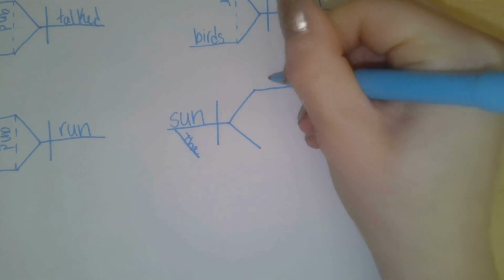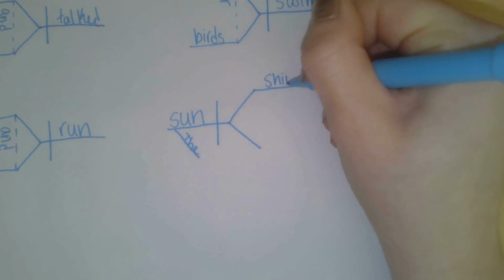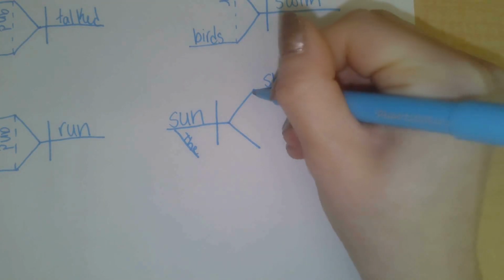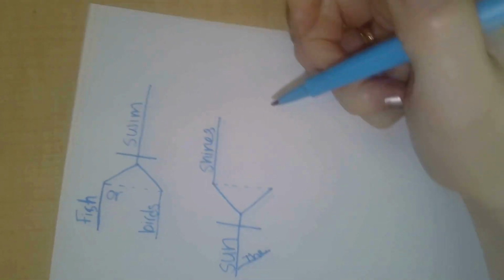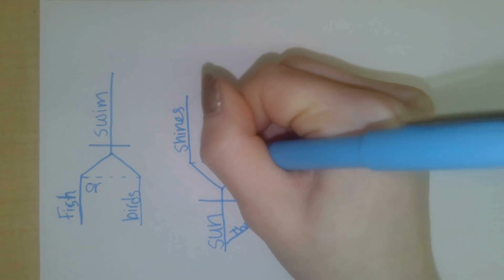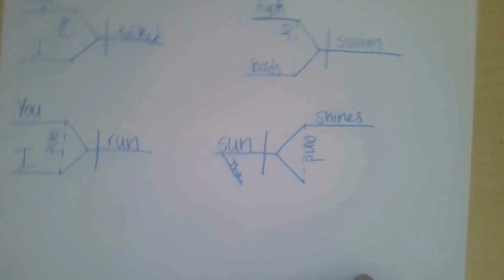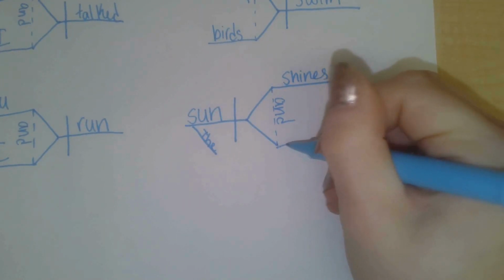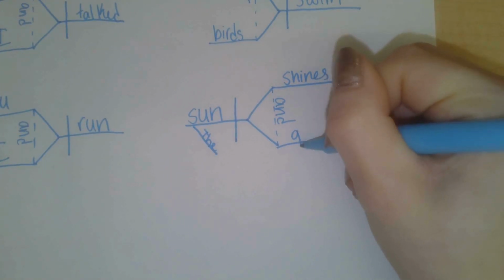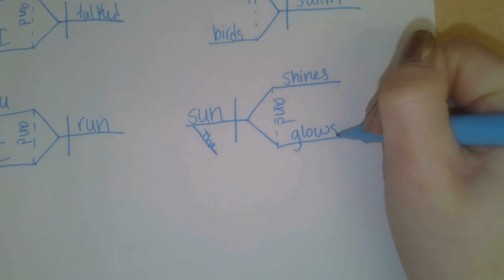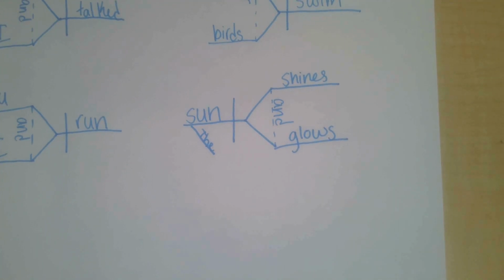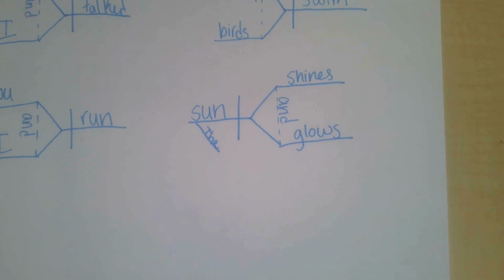Our first verb is shines. So we put that on the first verb line. Then we have our conjunction. Our conjunction is and. Then we have our second verb, glows. And that is our first sentence. The sun shines and glows.